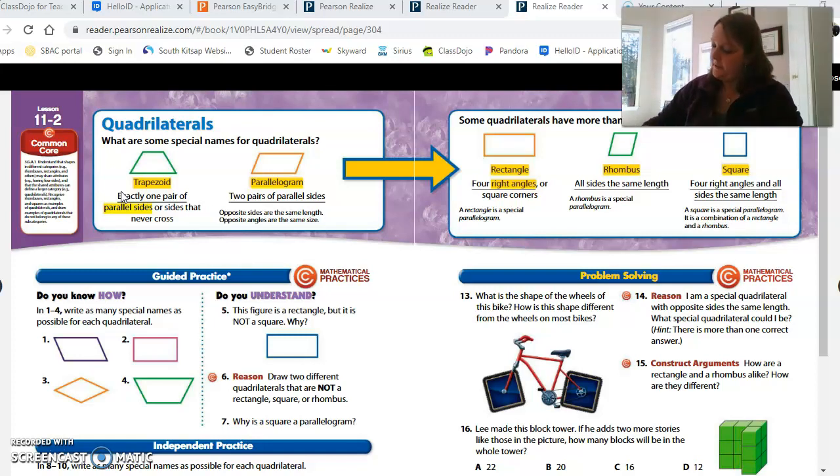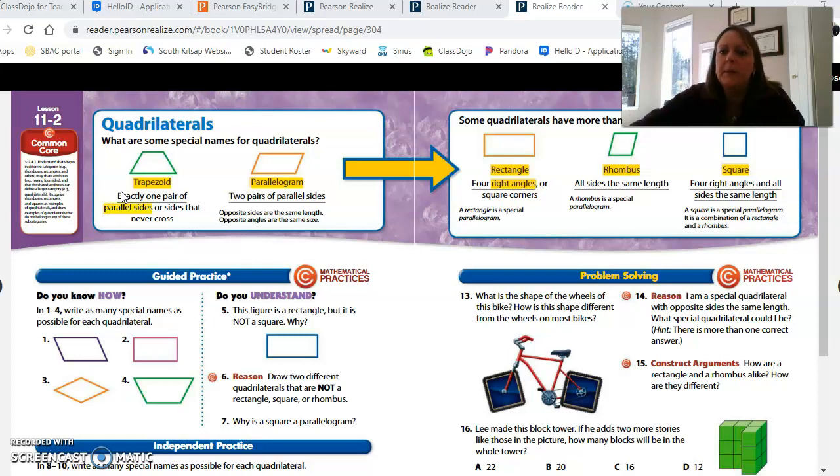All right, number 7. It says, why is a square a parallelogram? A square is, we're going to get really good at spelling parallelogram. It's kind of a fun word. A square is a parallelogram because, I'm going to let you think for just a second before I write down my answer.